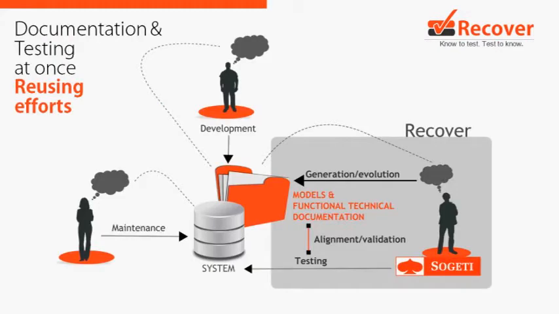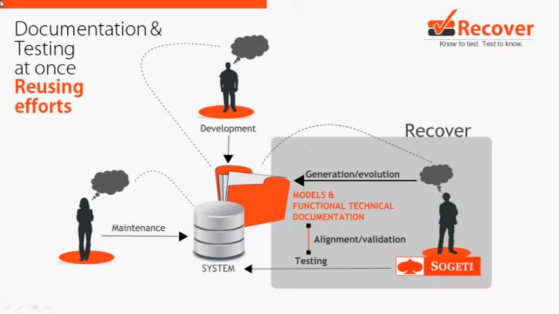The first idea, therefore, is that, okay, we have a system, we have many different roles that work in the same system, and Sogeti, as a leader, for example, of testing, is able to test the system, but is also able to generate and evolve a documentation and a knowledge model based on the knowledge that is required for testing, the knowledge that is obtained by experimentation of the system.